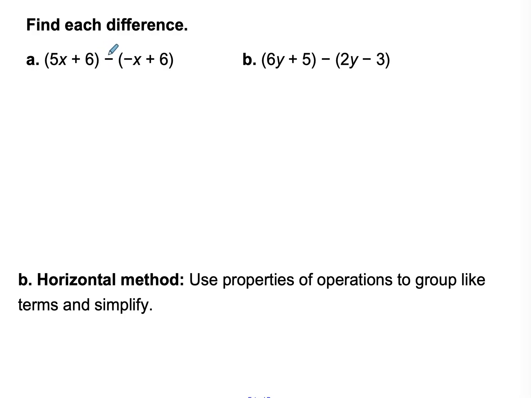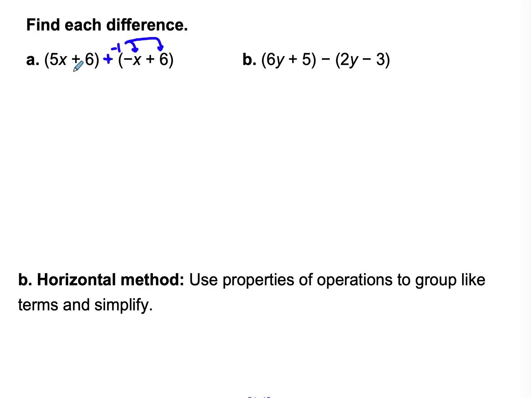I change to addition, change the sign, that's like a plus -1 times the things here. It's like I'm taking them away, and remember when we're taking away, it's like adding the opposite. So we're changing this to an addition problem, and then we're going to add the opposite of both of the terms that come after that minus sign.